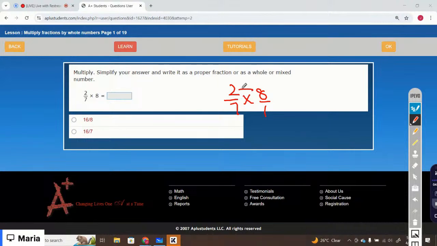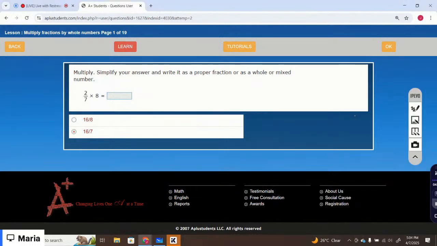We can go for 8 times 2 is 16 and 7 times 1 is 7. Option number 2 is the correct option, that is 16 over 7.